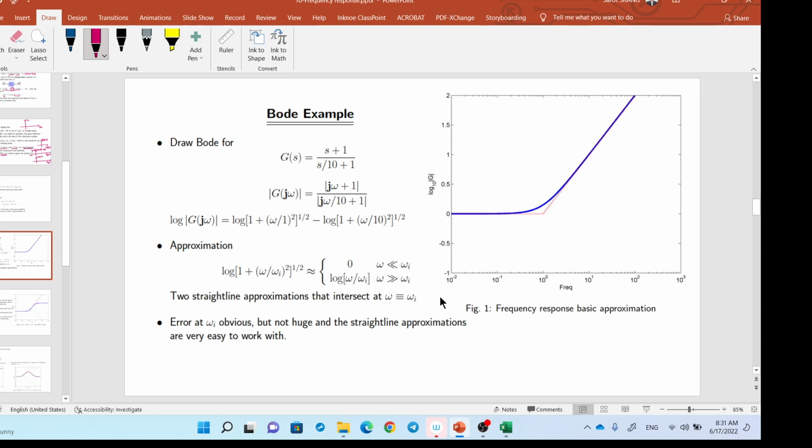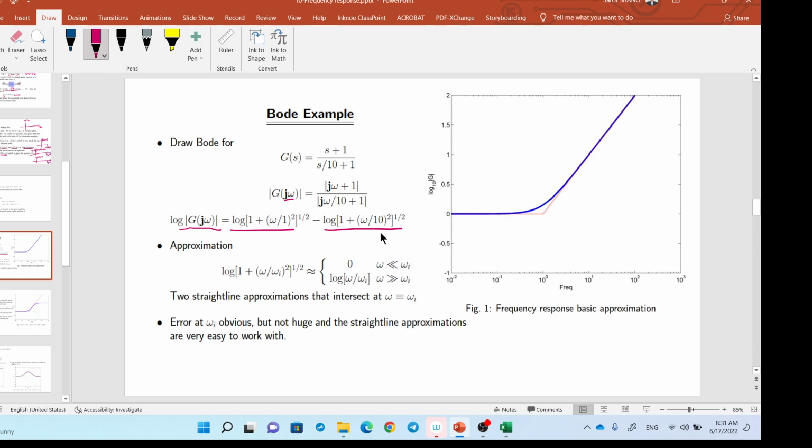In order to plot the graph in Bode plot, first you need to sketch the log of the magnitude of the complex number, where s is substituted by j omega. Okay, very simple. So this is complex number, and then you apply the log, and you get the split of numerator and denominator.